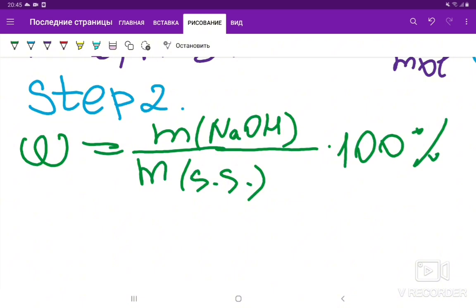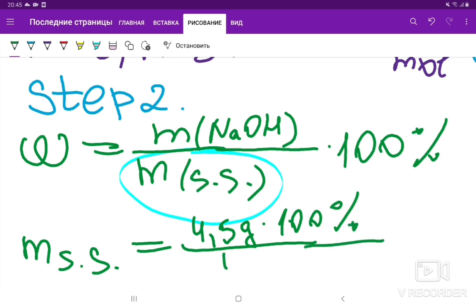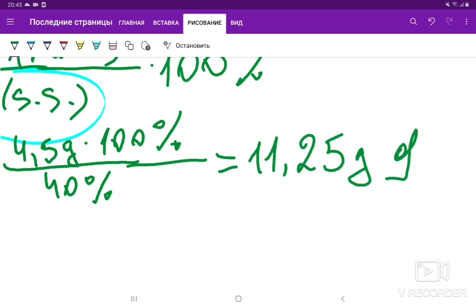So from here we can find the mass of solution. Mass of stock solution will be the mass of sodium hydroxide, 4.5 gram, multiplied by 100% and divided by 40%, or we can simply divide it by 0.4. When we do these calculations, the answer will be 11.25 gram of stock solution.